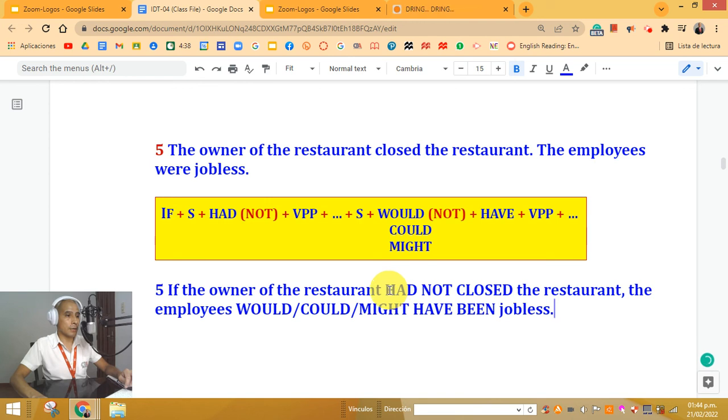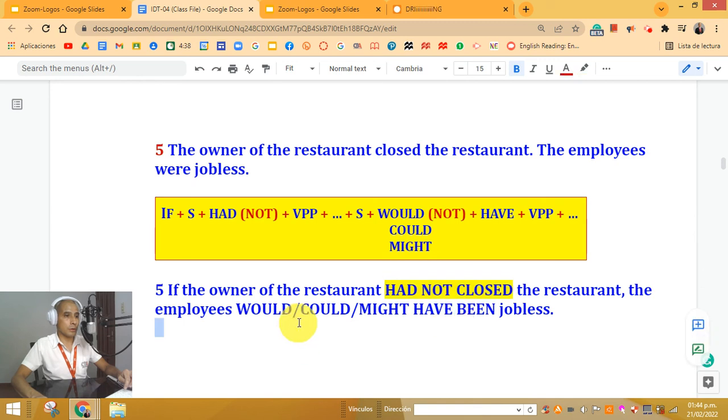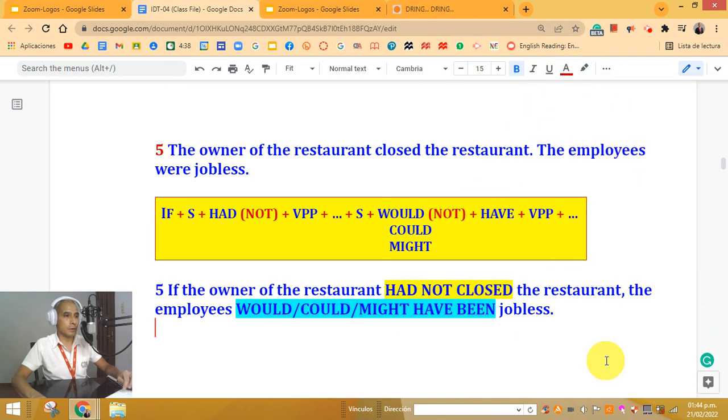So I'm going to highlight the keywords that correspond to the if clause. There you are. And here I'm going to highlight the words that correspond to the result clause. Would, could, might have been, as you can see.